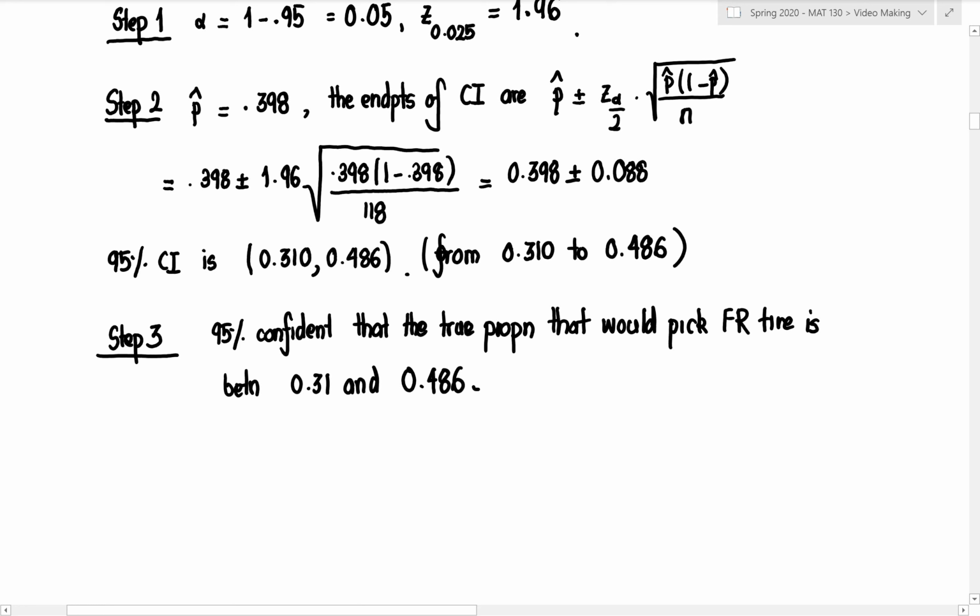All right, so we are 95% confident that the true proportion that would pick the front right tire is between 0.31 and 0.486. In other words, we expect, with 95% confidence, that between 31% and 48.6% of the population would pick the front right tire.